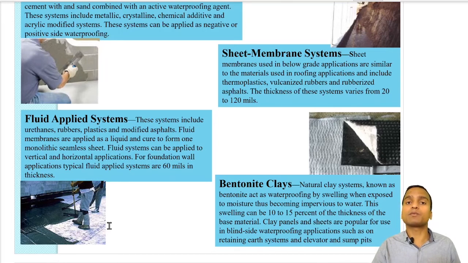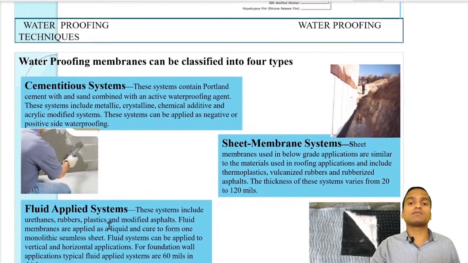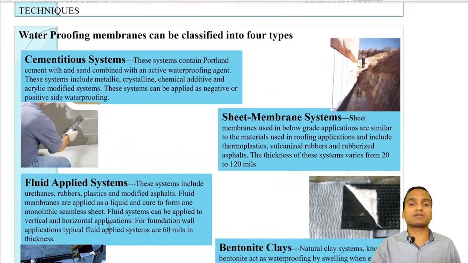These clays have a property of being impervious to water, and swelling can be up to 10 to 15% of the thickness of the base material, and the clay panels and sheets are popular for use in blind side waterproofing applications such as on retaining earth systems and elevator and sump pits, and in those regions we use bentonite clay type of waterproofing membranes. So these are the different types of waterproofing membranes which are basically used for waterproofing the structures.